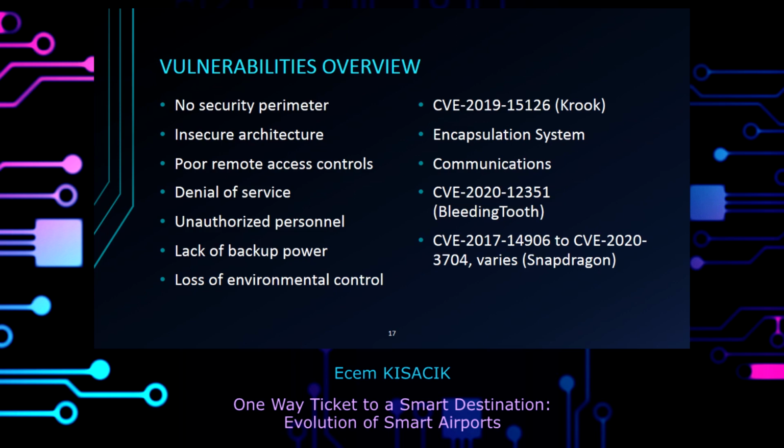Denial of service. Unauthorized personnel. Physical access to systems should be restricted to only the necessary personnel. Lack of backup power. General loss of power without backup will shut down the critical assets. Loss of environmental control, for example temperature, could lead to equipment damage.